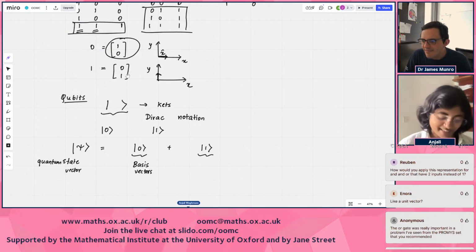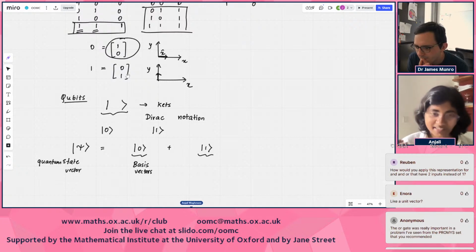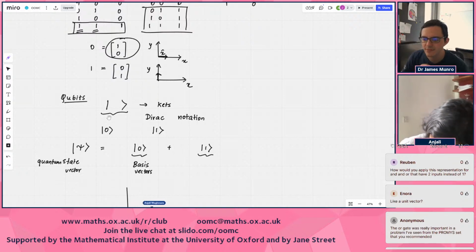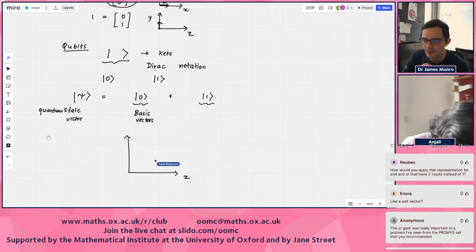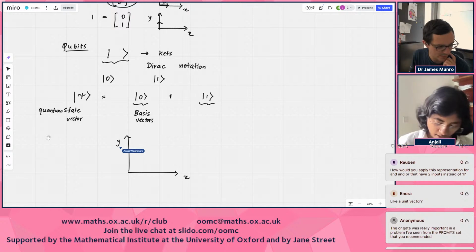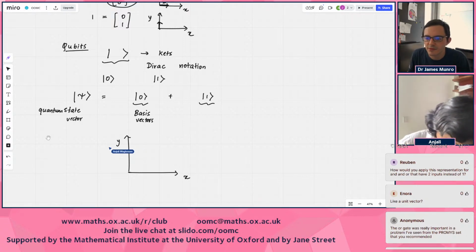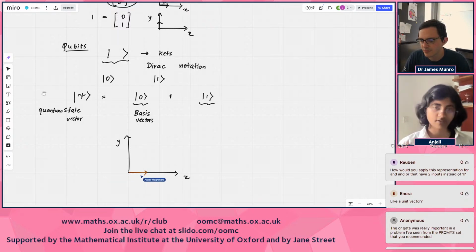Yeah, so the kets are there, but the fundamental idea still remains the same. Initially, if I had an XY 2D plane, and this was the first bit, and this was the second bit, and I could have either of these.